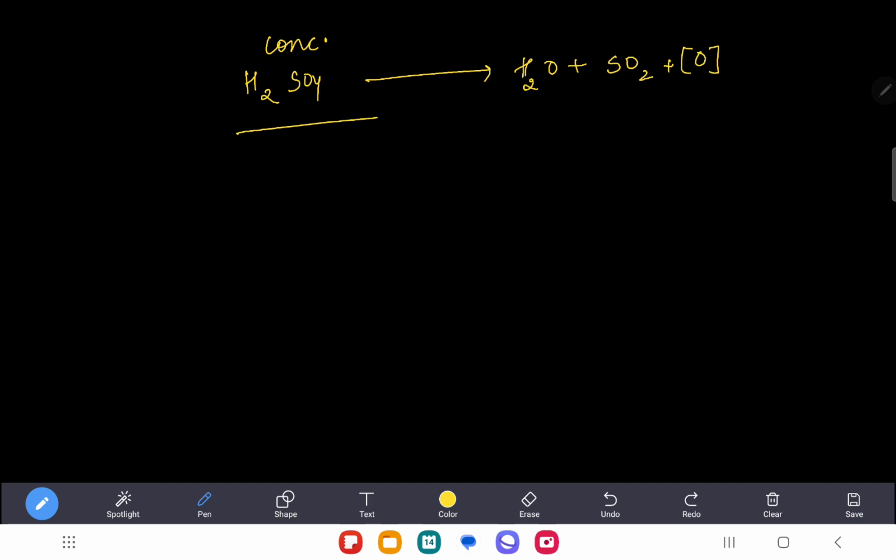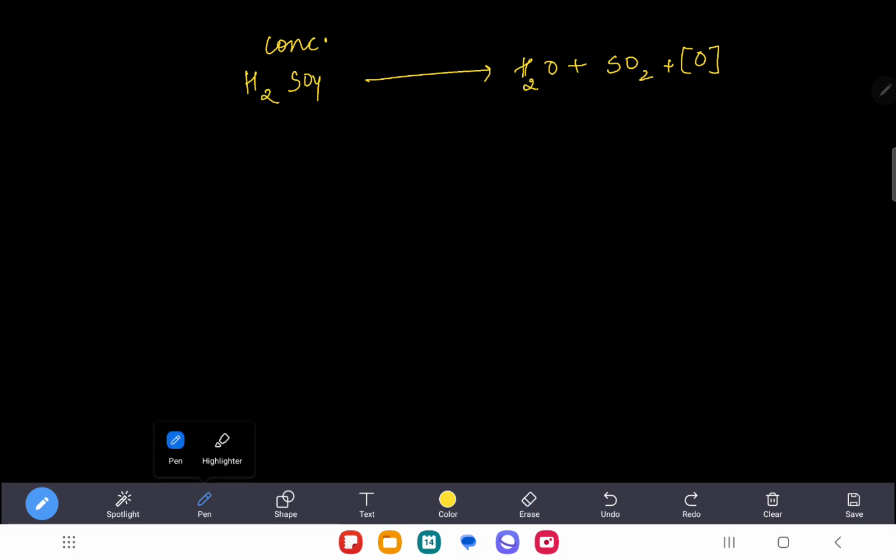So if I ask you to complete this equation, HCl combining with concentrated H2SO4. Now, why am I saying concentrated H2SO4? Concentrated H2SO4 behaves in exactly the same manner. All you need to understand is that concentrated H2SO4 on breaking down will give you H2O plus sulfur dioxide plus nascent oxygen, and rest everything remains the same.